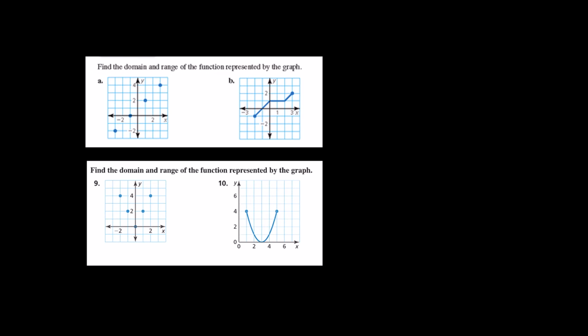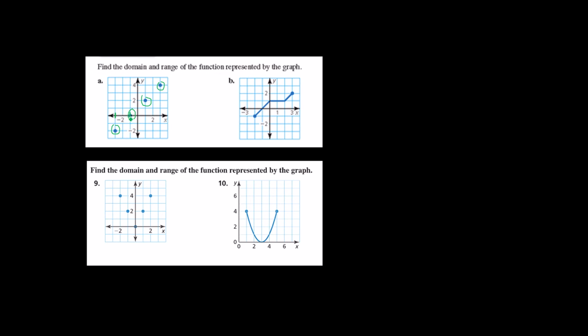What I'd like us to do here is practice finding the domain and range. If I look at example A, you'll notice that these are discrete or distinct values. All I have to do is pull the x from each of those to find the domain. So if I look where this is on the x-axis, this is the point -3, -2. So this -3 is going to be in my domain.